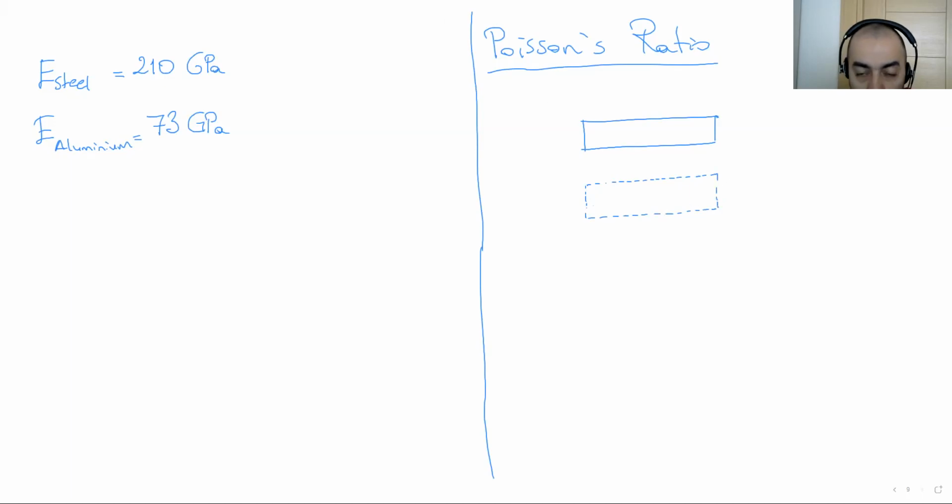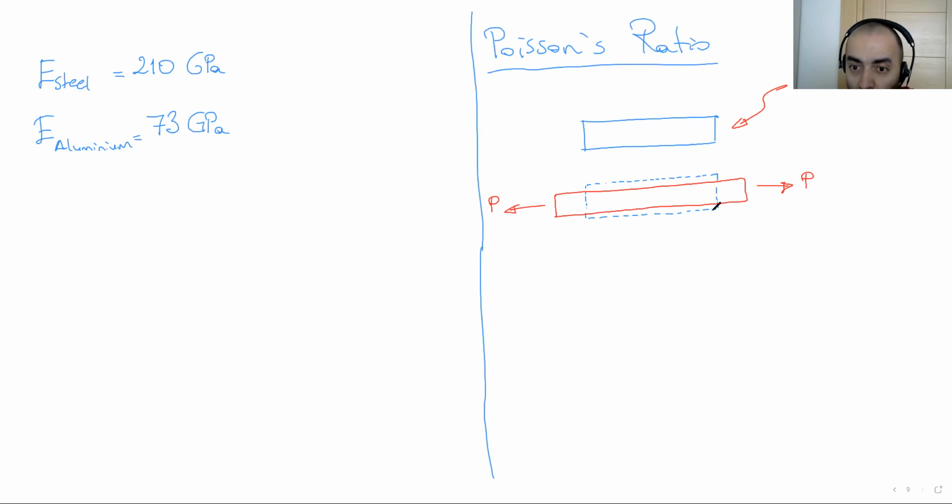Under loading, tension loading, we are gonna see this is P, this is P. As you can see here, this is the initial material. When we apply tension load, the section area reduced, as you can see.